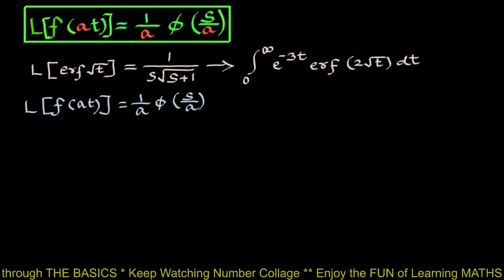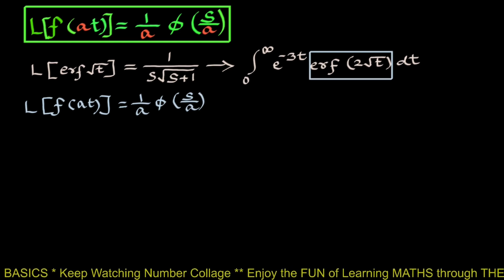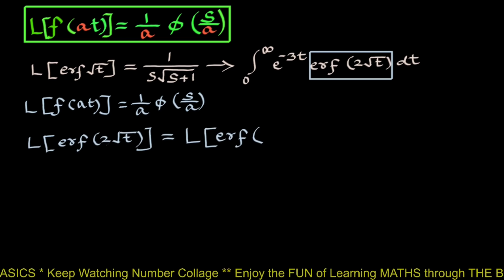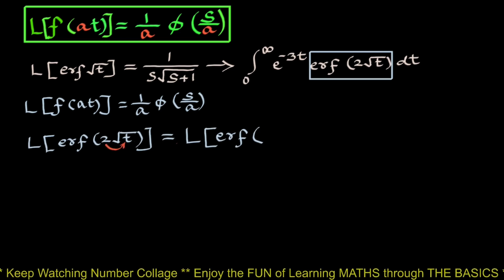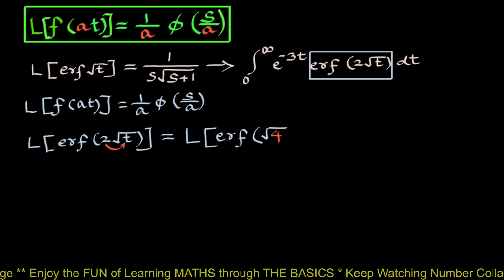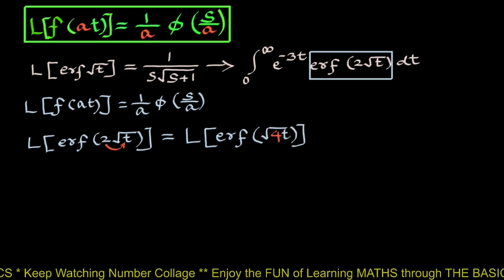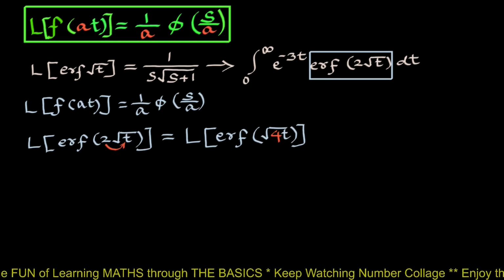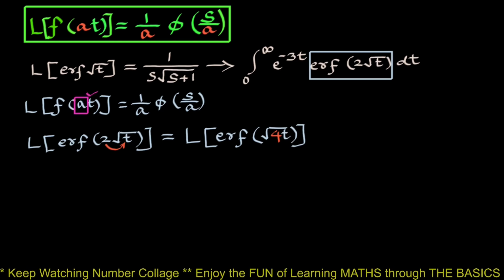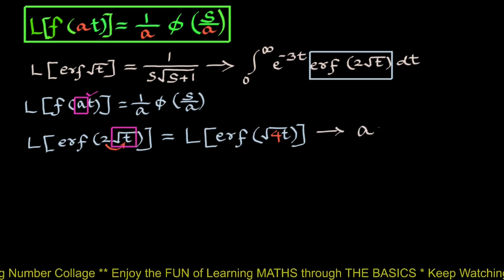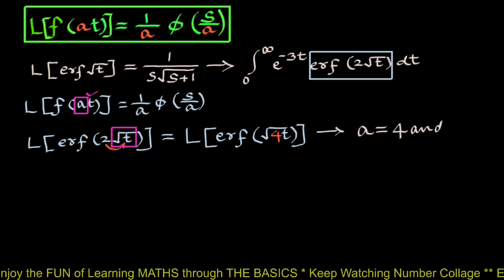Therefore, Laplace transform of this error function we have to write as L of ERF. We will take this 2 inside square root, so that will become square root of 4t. We have to do this because in the change of scale property, a should be coefficient of t and not coefficient of root t. So here a will be 4 and not 2.